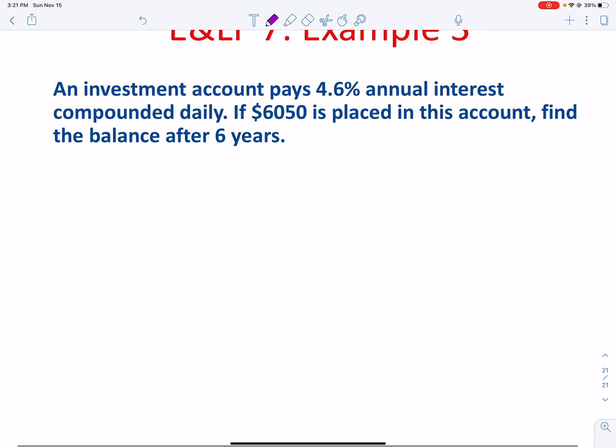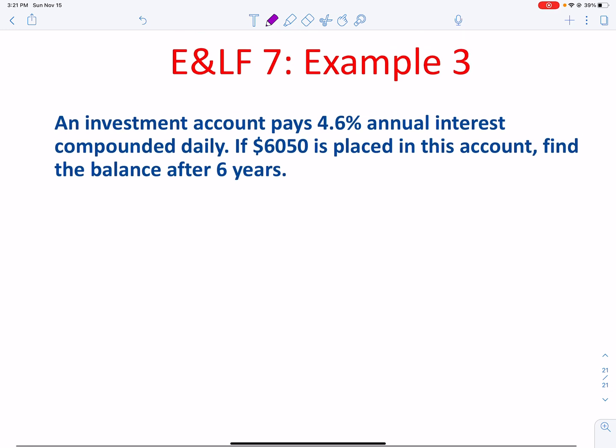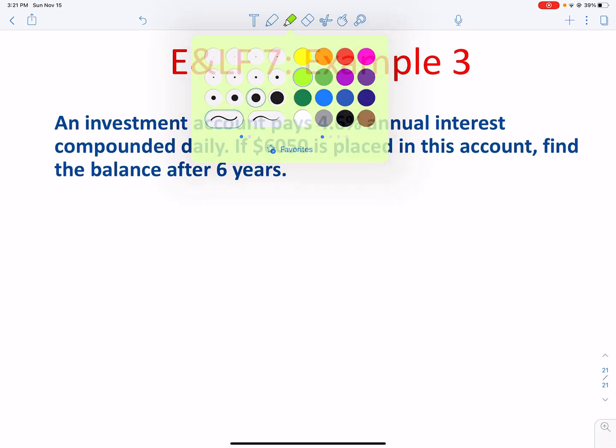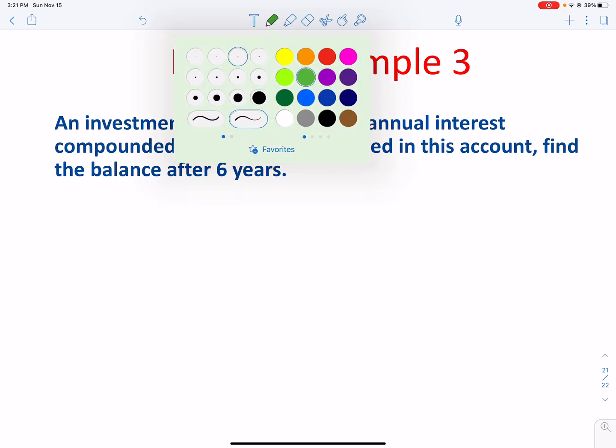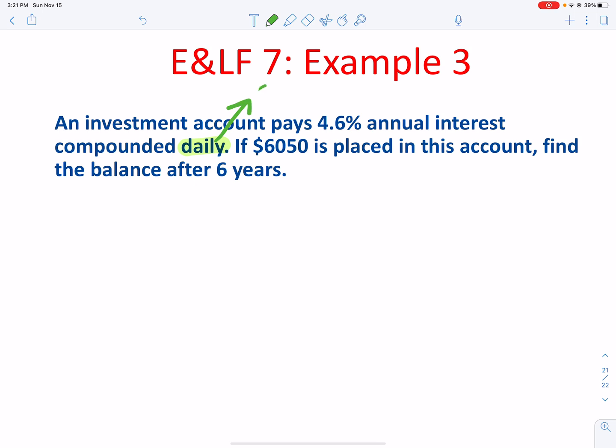Okay. So the next one is compounded daily. So whenever it asks for daily, we can totally get in an argument over this, but I'm just going to tell you what math people do. Math people always make the assumption, and I know you shouldn't assume, but I'm going to let you, that there are 365 days in a year. So what you're going to do on this, it's $6,050 placed in a bank at 4.6% interest, compounded daily.